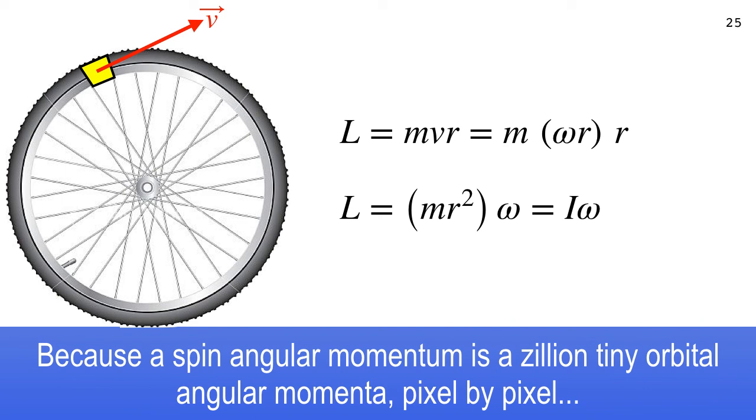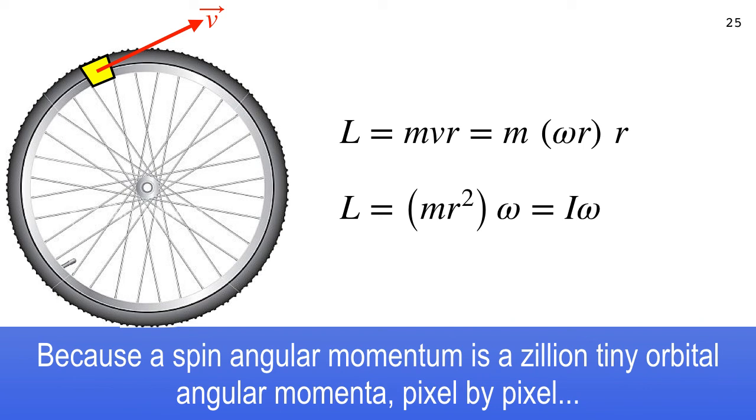That quantity, mr squared, pixel by pixel, is known as the moment of inertia for that pixel about this axis.